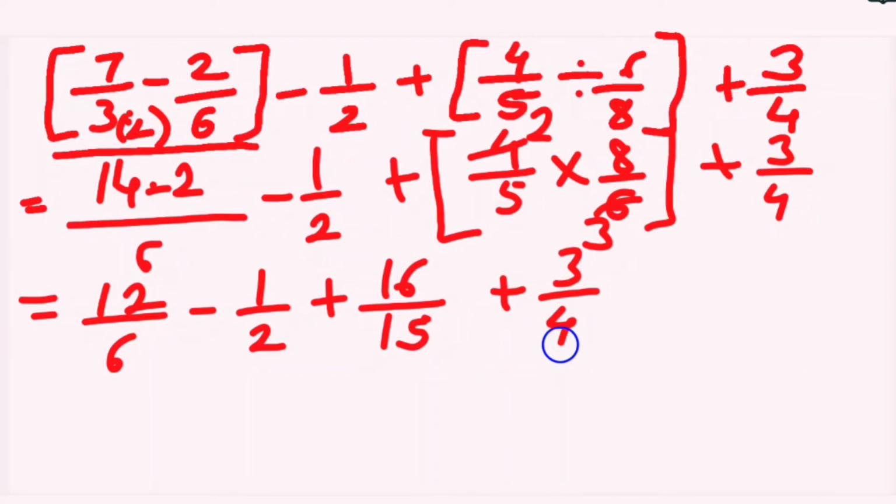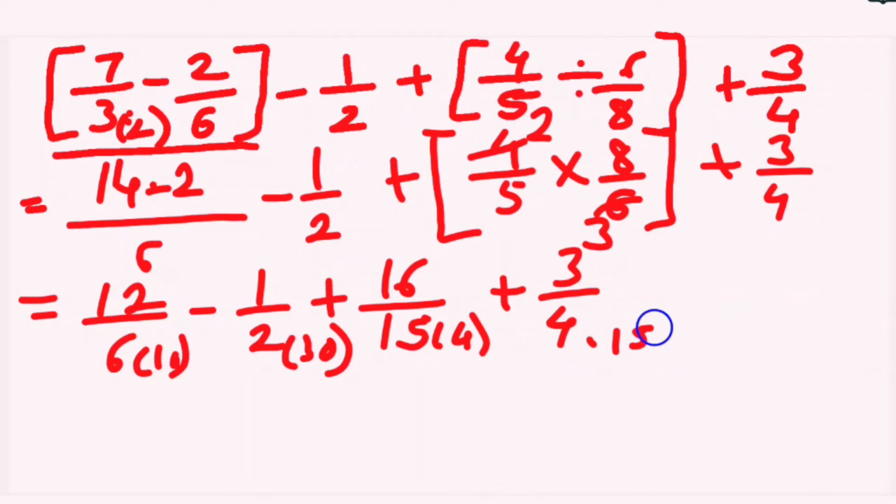So now here we find out the LCM of 6, 2, 15 and 4. LCM is 60. So here we multiply by 10, here by 30, here by 4 and here by 15.